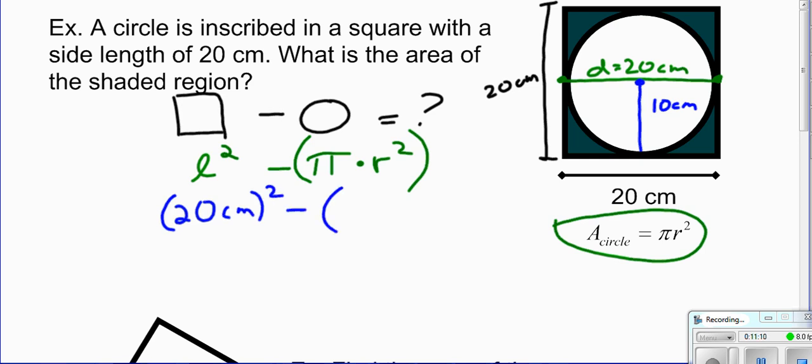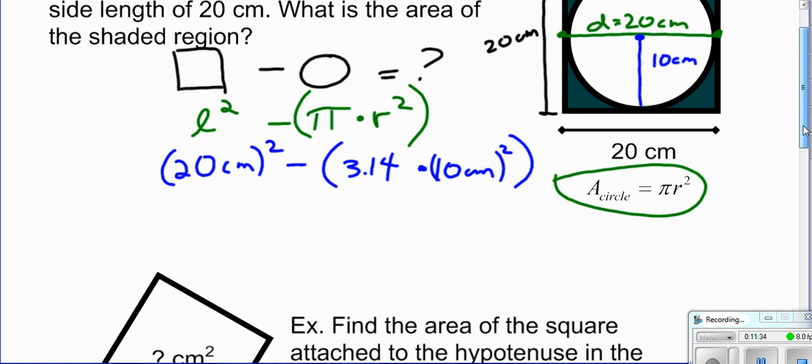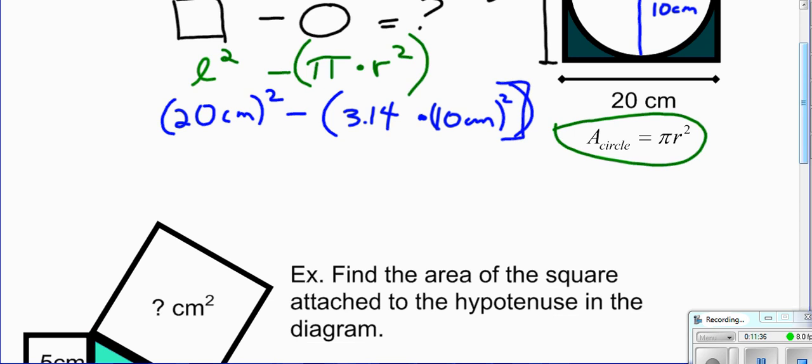You can use 3.14, but you should be using the pi button on your scientific calculator, which will give you a more exact value. I'm going to write 3.14 here just for our example, but when you calculate, you should use your pi button. The radius we said is 10 centimeters, and that's going to be squared. So we actually have two sets of brackets there, but that's okay. We'll make these ones square to show that they're the outside ones.